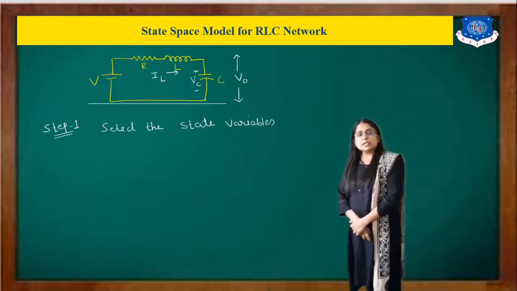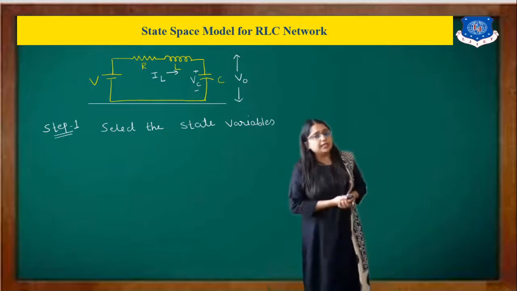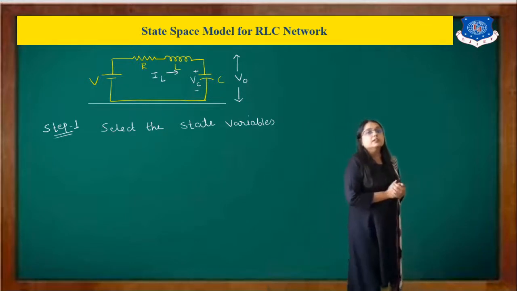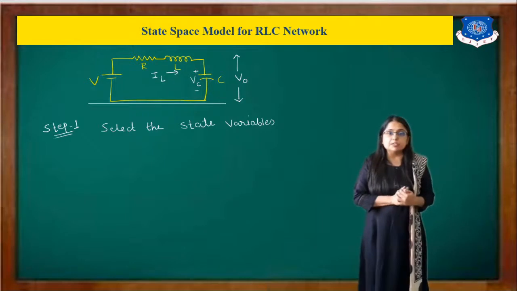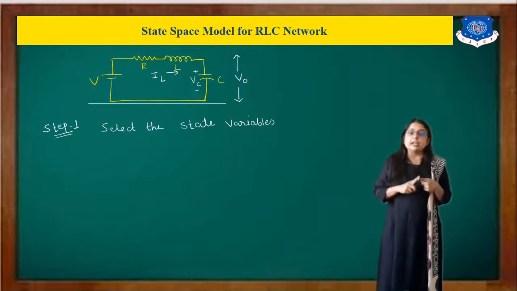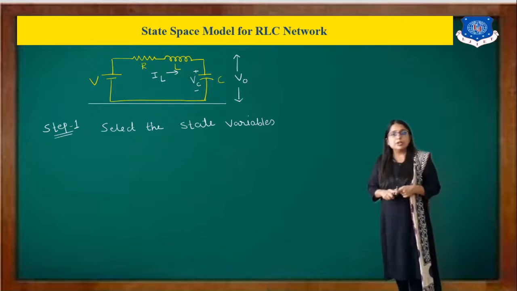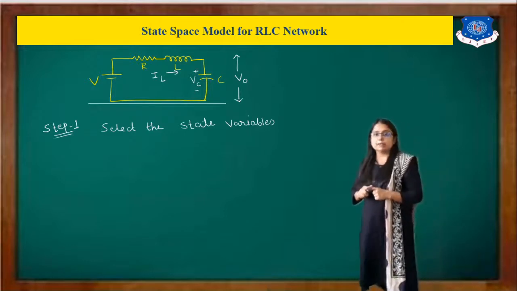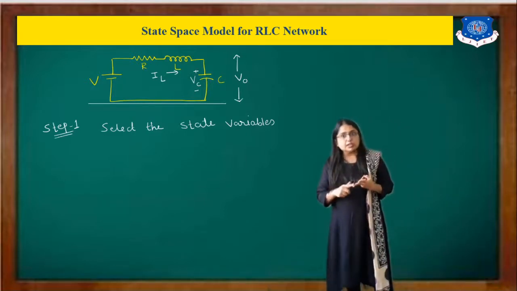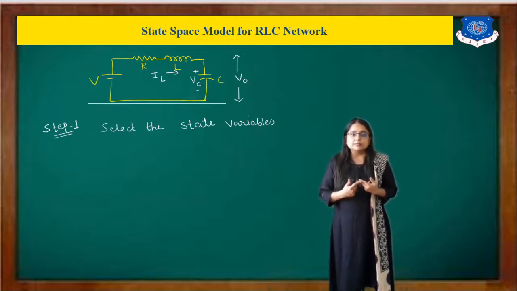How can we select the state variables? In any electrical circuit, the number of state variables is equal to the number of energy storage elements. Please remember this. That is either an inductor or a capacitor.